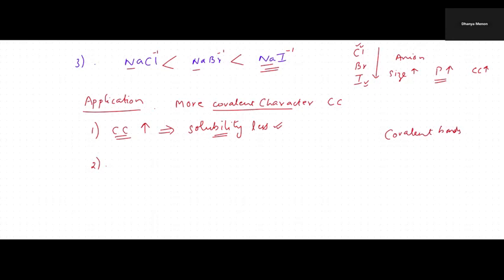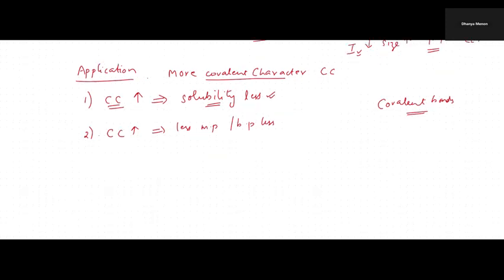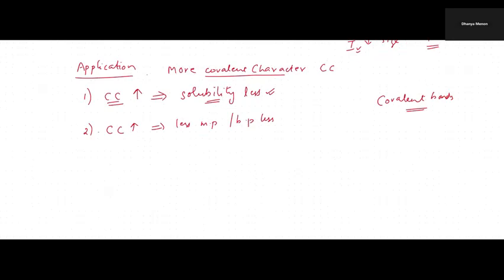Again, you know that covalent bonds are weaker compared to ionic bonds. They have less melting and boiling point, right? I'm talking about covalent compounds. Because if the covalent character is more, those compounds will have less melting and boiling points.